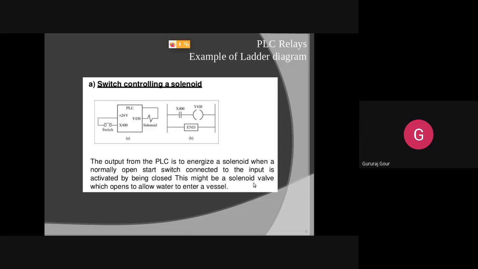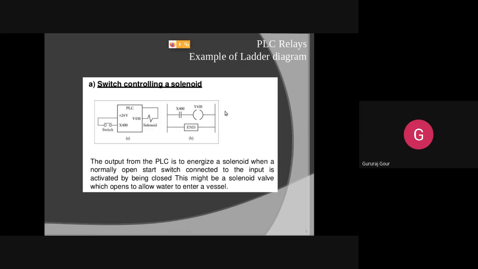So this might be a solenoid valve which opens to allow water to enter a vessel. Means with the help of PLC, we are controlling the solenoid valve that is controlling the water input and output into or from the vessel with the help of this PLC.